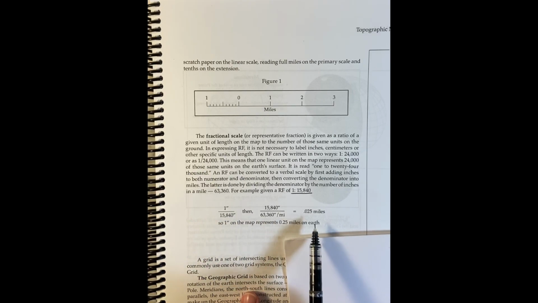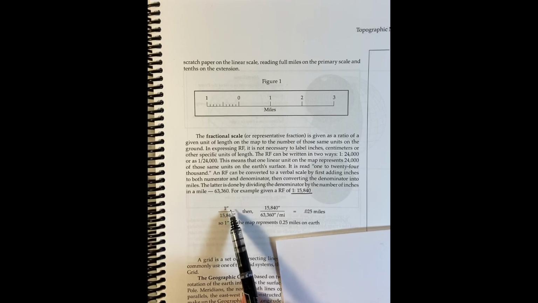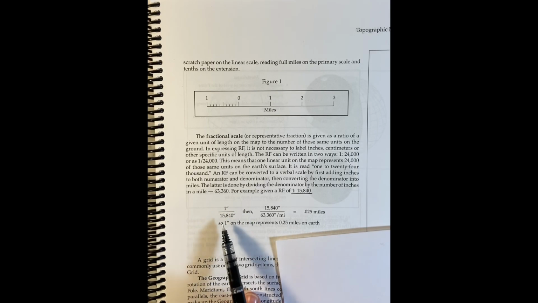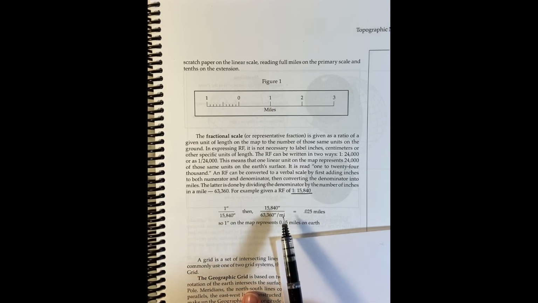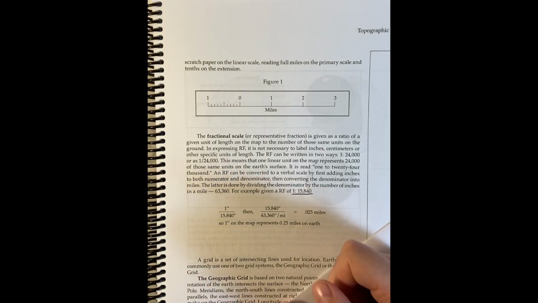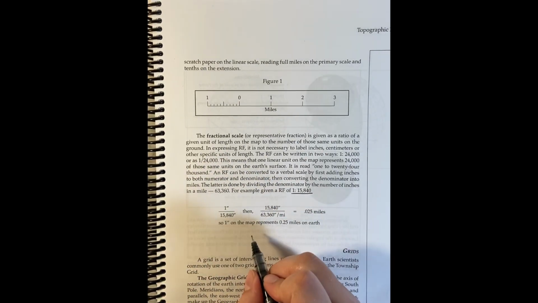But they're wanting you to convert it to miles. So if you measure 1 inch on the map and it's equal to 15,840 inches, then you're going to convert inches to miles. And so I'll go ahead and write it here.